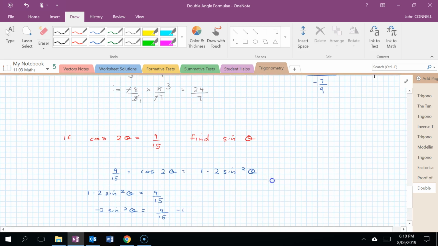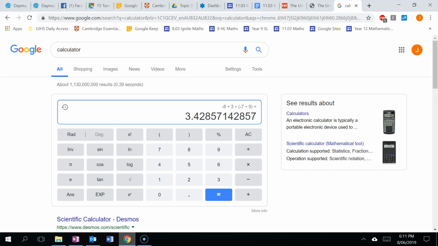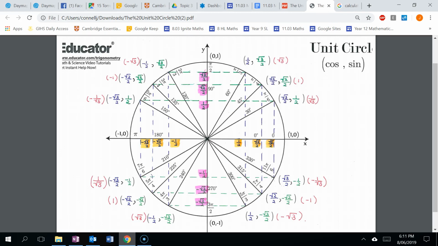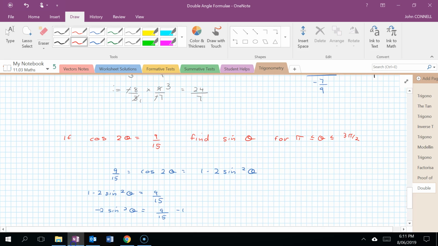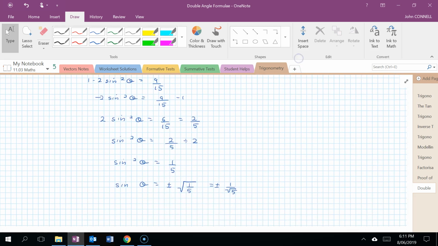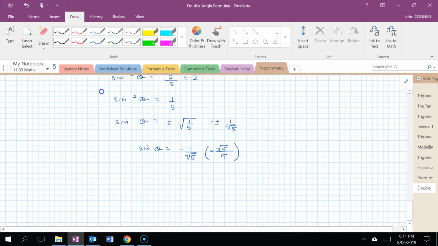But if it was added to the question that theta is between 3 pi on 2 and pi, then if we go to my unit circle, we can see we're in the bottom left quadrant, where sine is negative. So we can say therefore sine theta is minus 1 on root 5, or minus root 5 on 5, whichever you prefer.